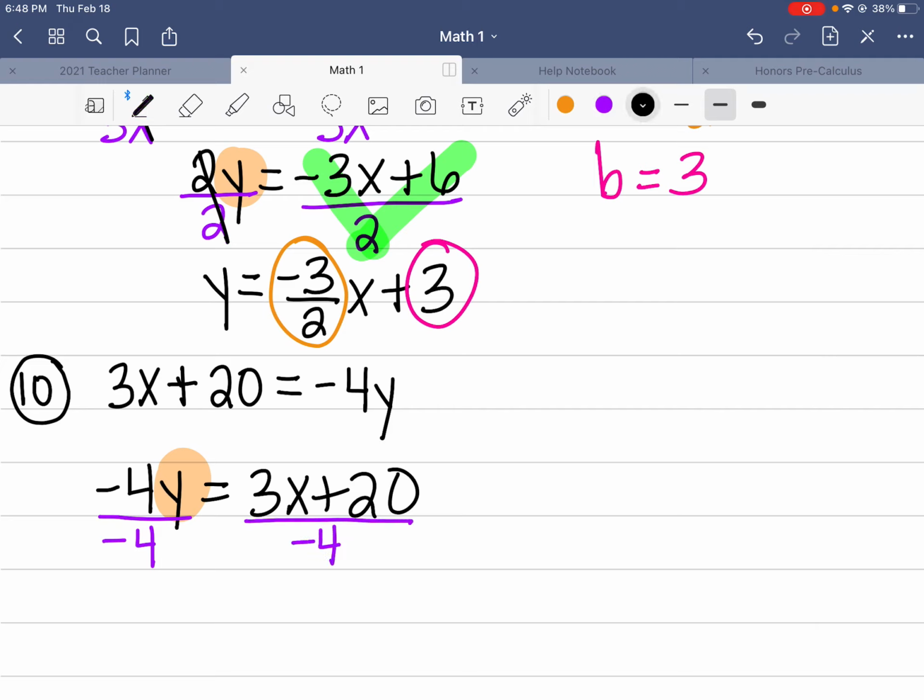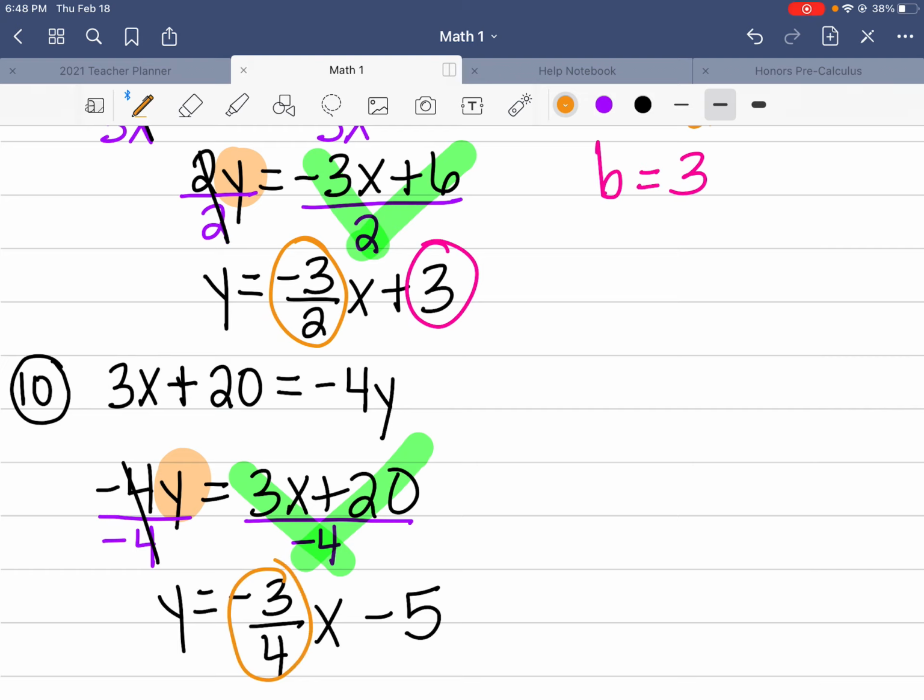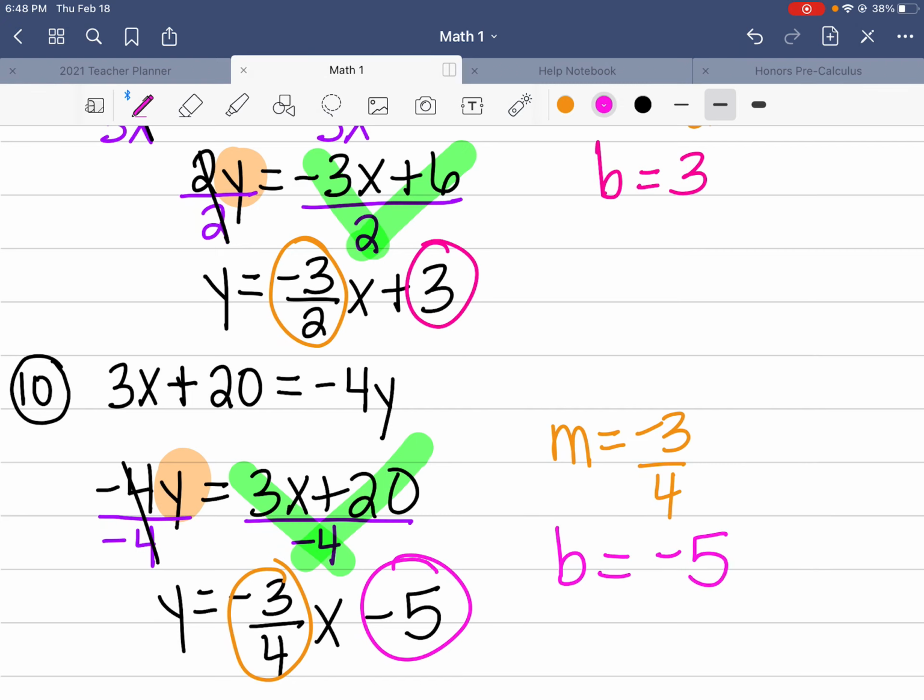So I'm going to divide by negative 4 and simplify. 3 divided by negative 4 is going to be negative 3 over 4x, and 20 divided by negative 4 is going to be minus 5. So my slope in this problem is negative 3 over 4, and my y-intercept is negative 5.